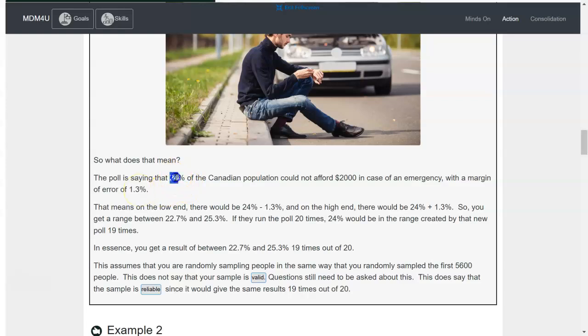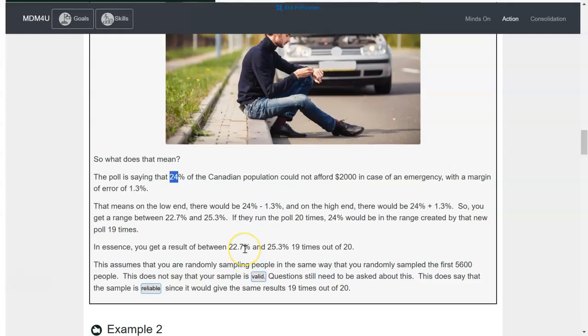So you take the 24 and subtract 1.3 to get 22.7%, and you take the 24 and add 1.3 to get 25.3%. So you have what we call the upper and lower limits. Here, they show you how that happens.